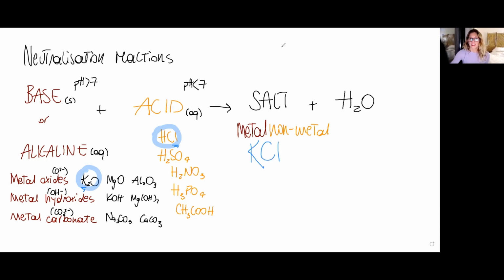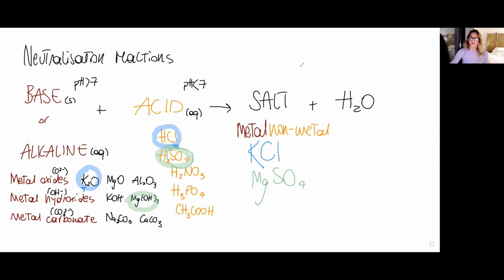Let's do another example. Let's say we have the reaction between magnesium hydroxide and sulfuric acid. The metal would be magnesium, and the non-metal would be the whole negative ion of the acid, so it would be sulfate. The only thing is that we need to consider the charges.